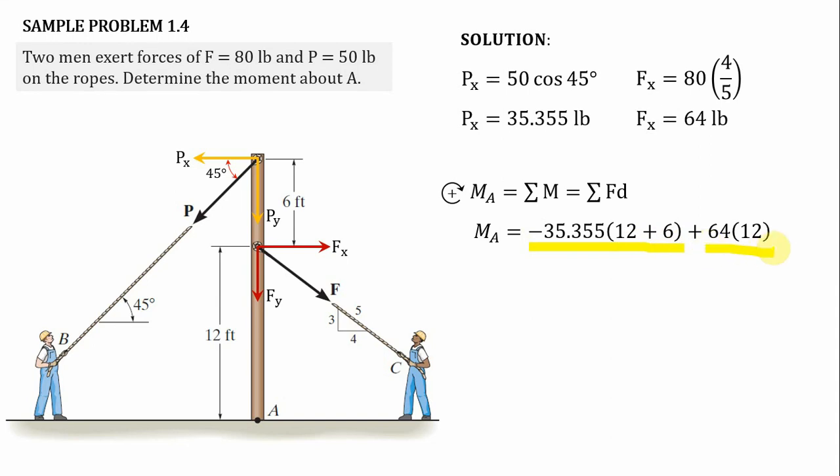Moment produced by Fx. Tingnan nyo yung arrow ko. Ang gagawin natin is same. Paiikutin lang natin yung Fx about point A. Kailangan iikot at iikot yung Fx natin about point A. So, ang rotation natin is ganito.